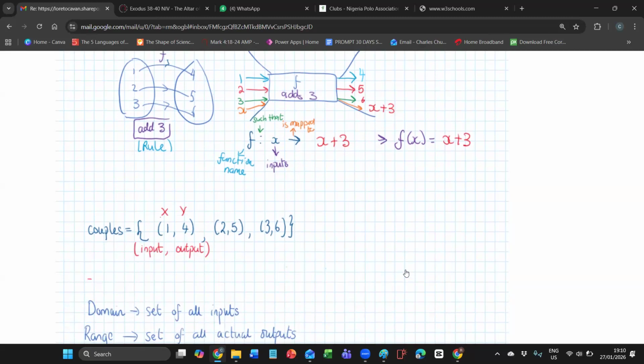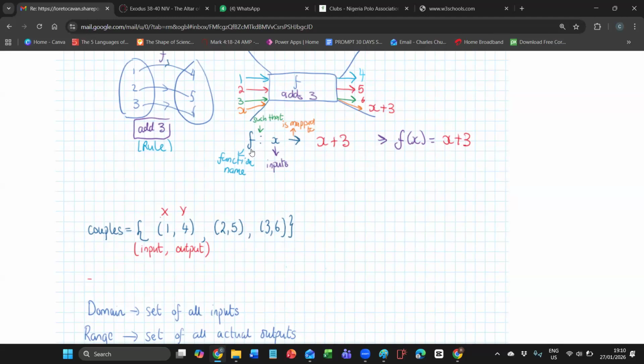So f of x is another way of writing the independent variable to say that the inputs are represented by x, and the function name in this case is f. But what I want you to see is that you can use any letter of the alphabet at all.